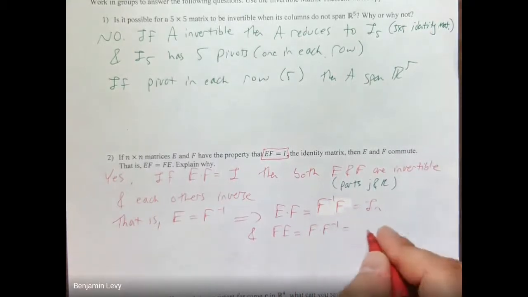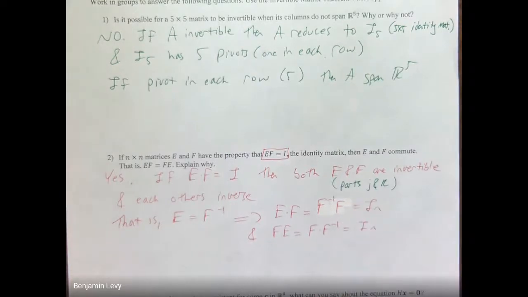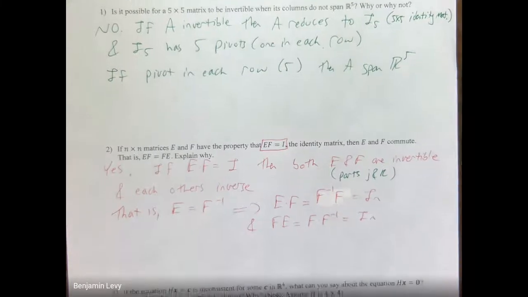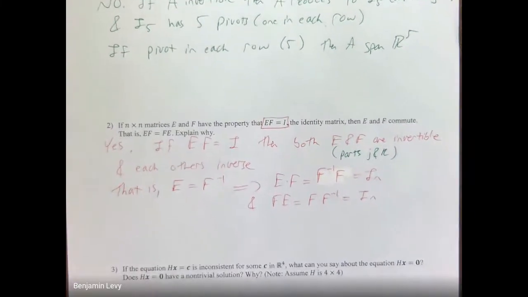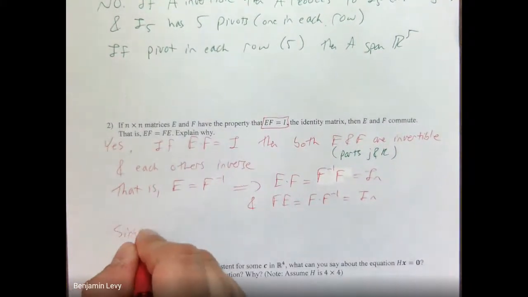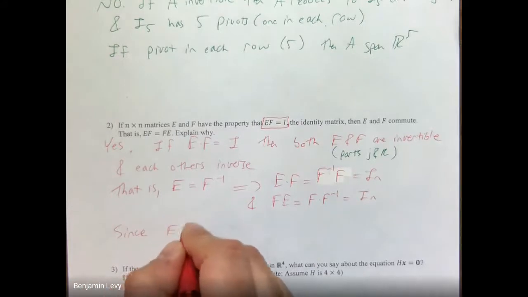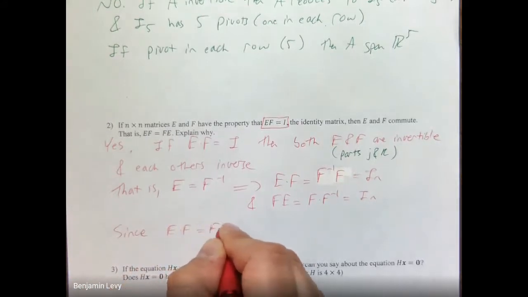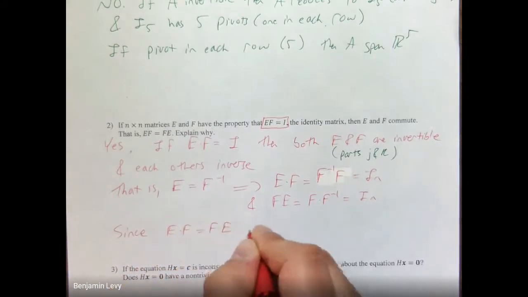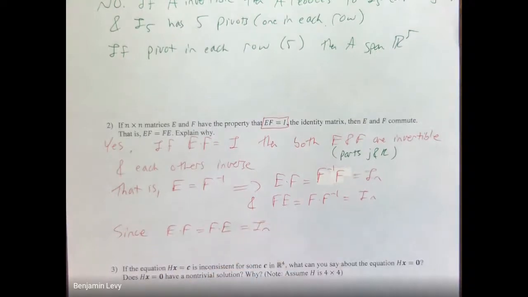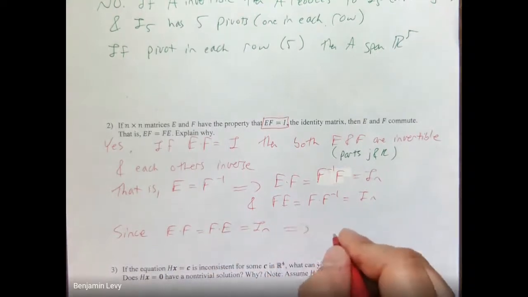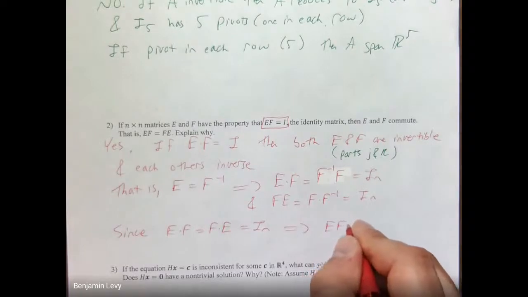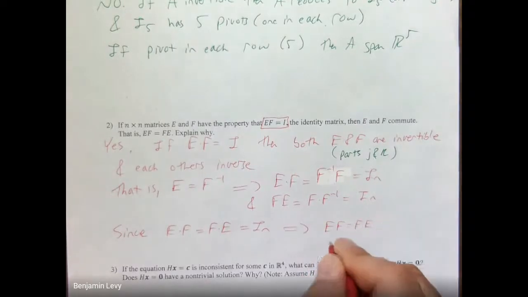And that's a situation where matrices do commute. You can commute the inverses. And so, in other words, since E times F is the same thing as F times E, in both cases you get the identity matrix. This means that E times F equals F times E, i.e. they commute.